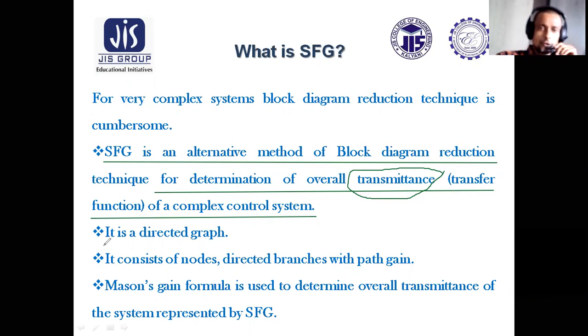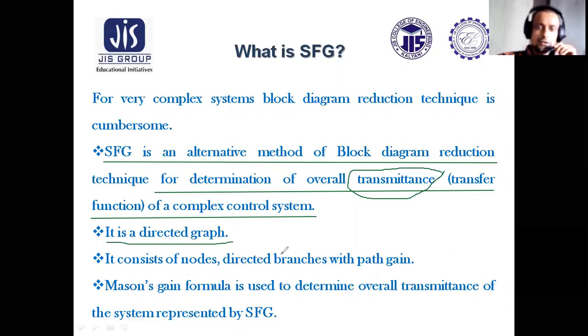So signal flow graph, as the name implies, is a graph which is associated with some signals, and flow means the direction in which the signal is flowing, or in which direction the signal is being carried, is given by arrows. So signal flow graph is a directed graph.